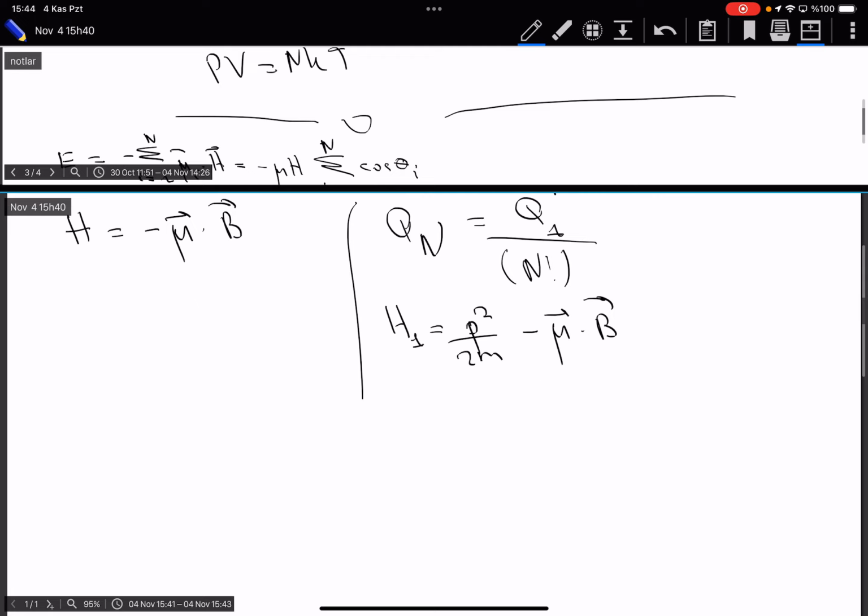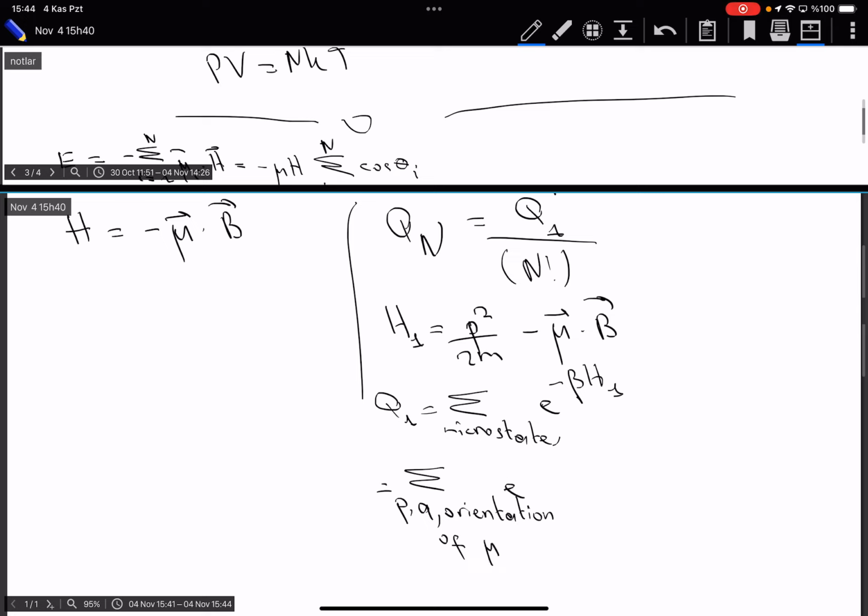So when you are writing Q1, this will be the sum over all microstates of e to the power minus beta h1, which is nothing but the sum over the microstates, which are momentum, coordinate, and orientation of mu, of e to the power minus beta p squared over 2m, e to the power beta mu dot B.